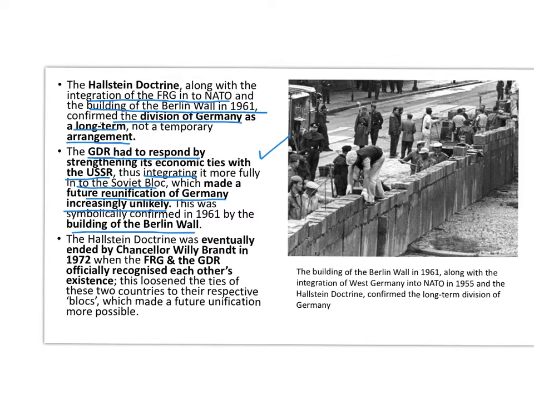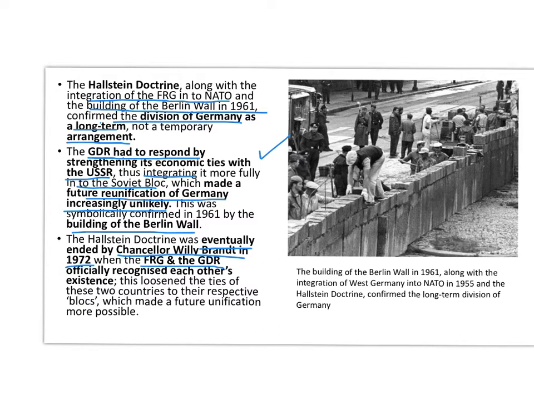And we now know, of course, that when there was a change of government in 1969 and the SPD became the government of West Germany, the new Chancellor, Willy Brandt of the SPD, ended the Hallstein Doctrine. And that was a brave move as well, because what Brandt did is he officially recognised the existence of East Germany.